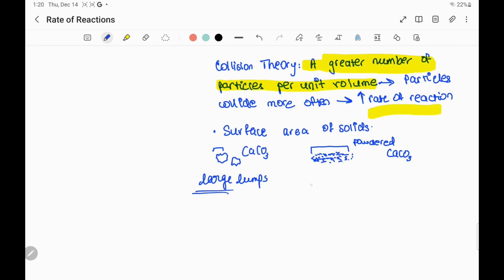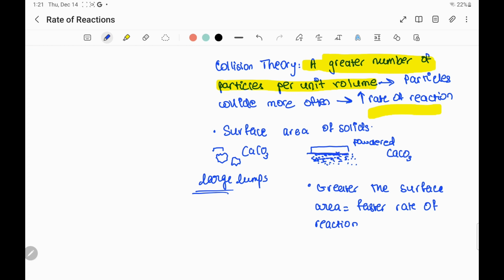And the greater the surface area, the faster the rate of reaction. So remember, your solid needs to be powdered for it to allow a fast rate of reaction, not large lumps. You can see visually that this is covering more surface area than this.